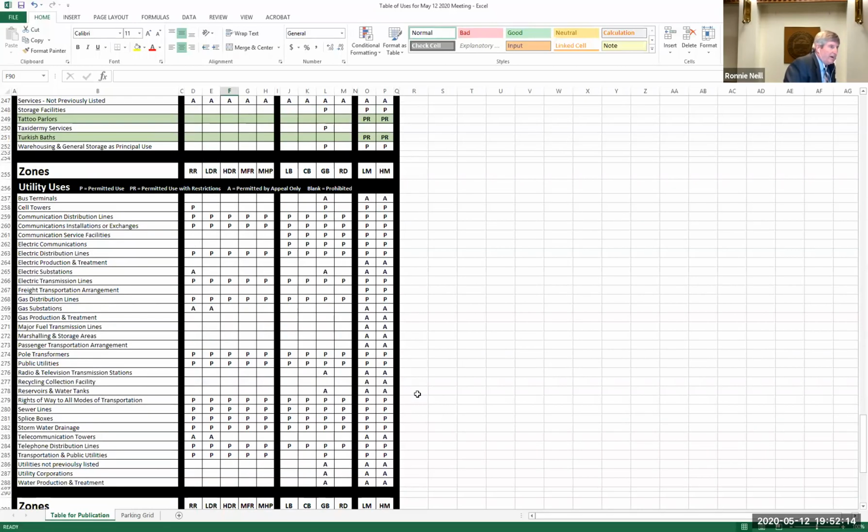Well, I don't know why you would have a sewer line in... Well, there's electric, gas, sewer, cell towers. It was all in the old zoning ordinance. It's in a lot of people's zoning ordinances, whether they allow communication lines or sewer lines or splice boxes or whatever.